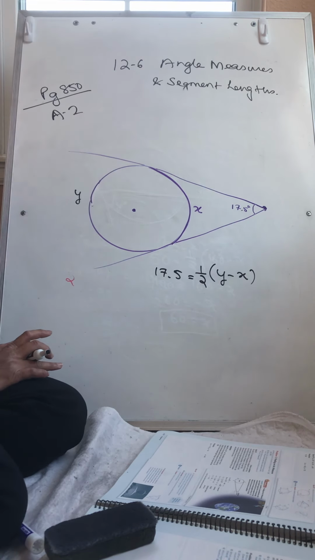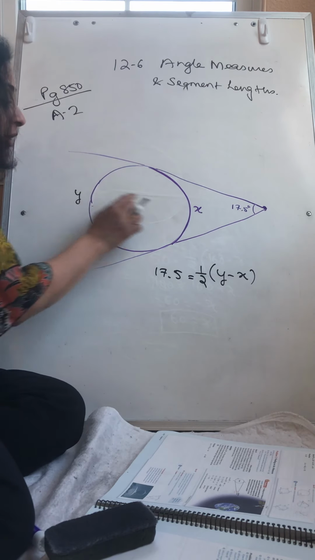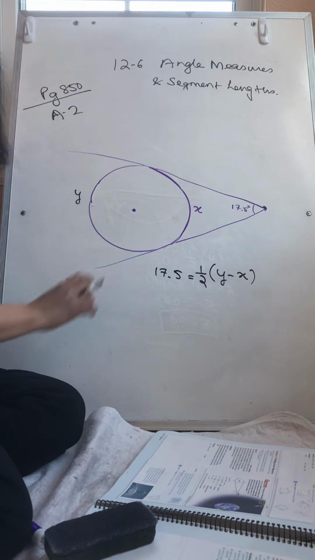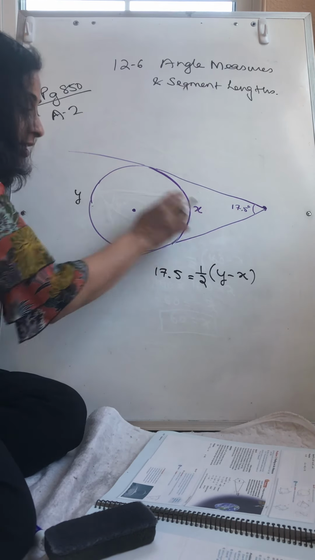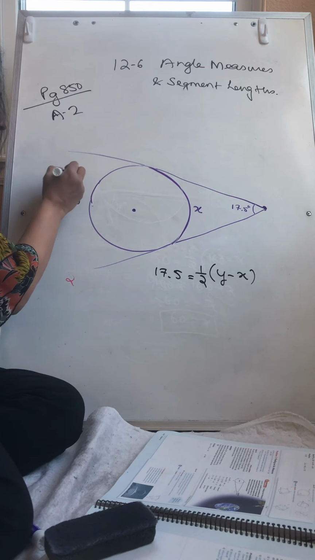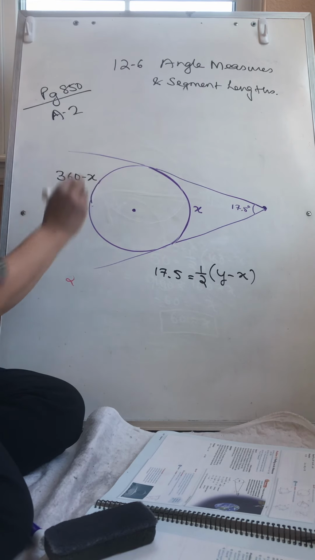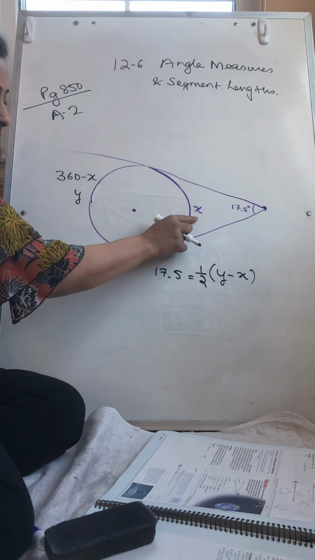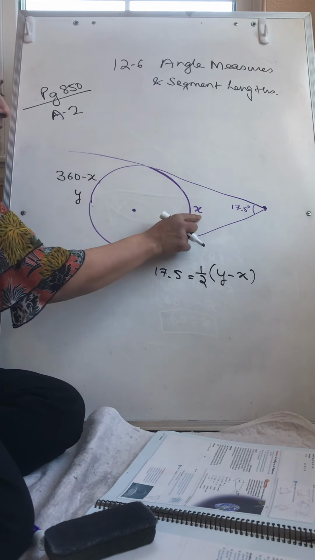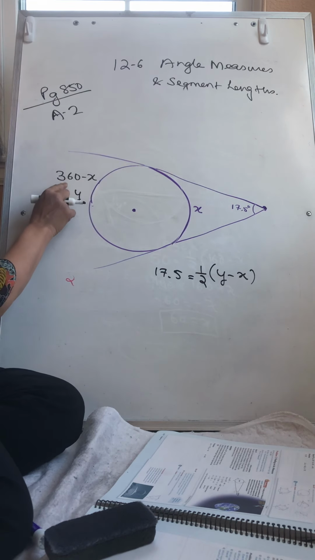But if you look carefully, what is the relation between x and y? Together they form the whole circle. So if this is x, what is this going to be? This is going to be 360 minus x. So this is x and 360 minus x. Together when I add 360 minus x plus x, I'm going to be left with 360.